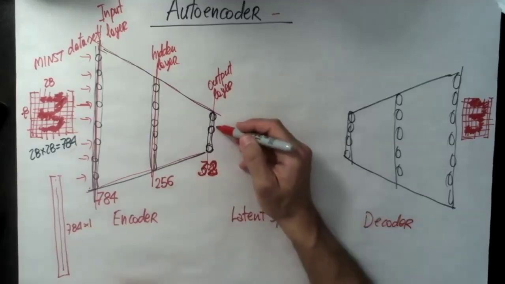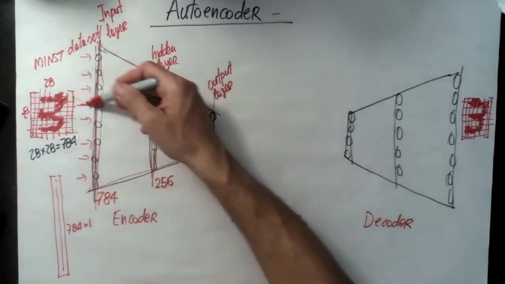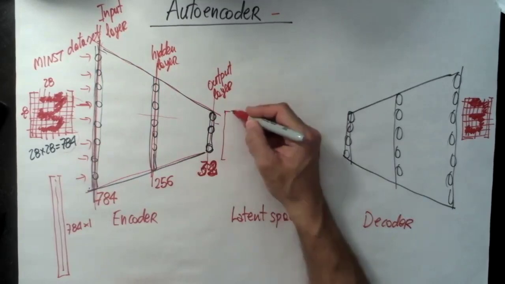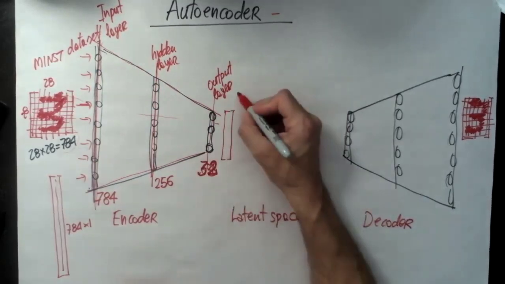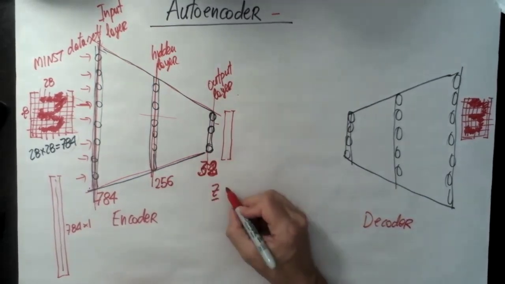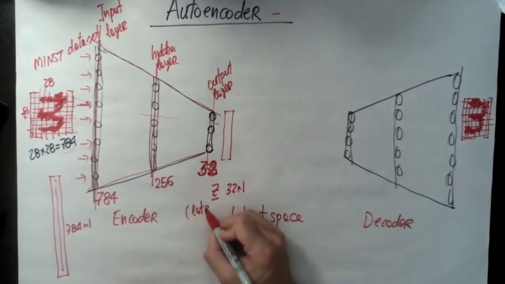And what happens is that the input, which is this huge vector, after it goes through the neural network, we will end up with this latent vector Z, which is of dimension 32 times 1.